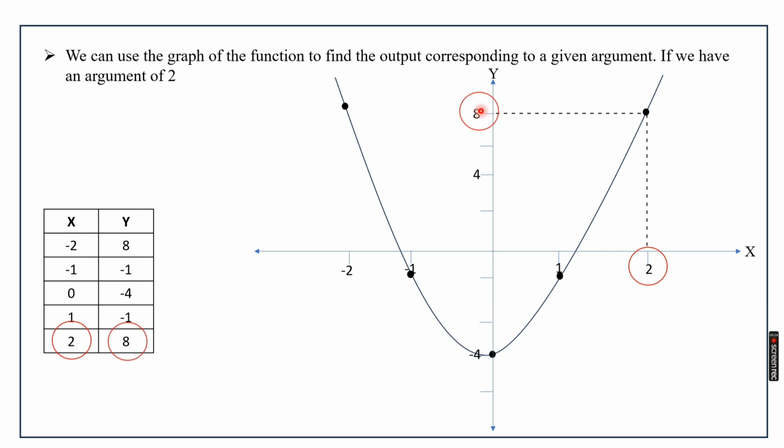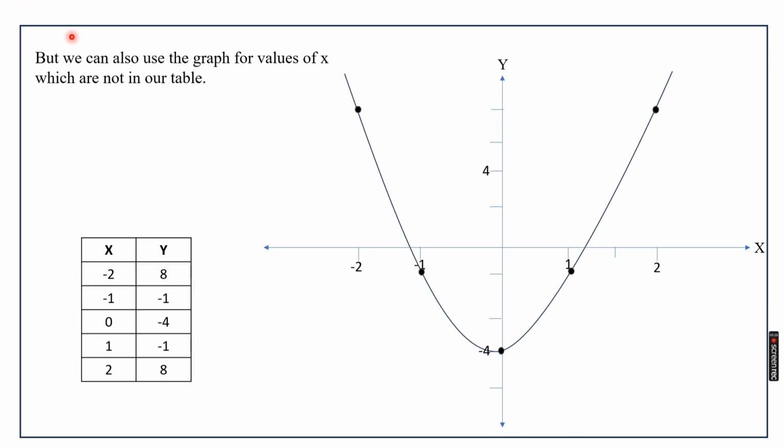So it's 8. But we can also use the graph for values of x which are not in our table. Let's say we have an argument of 1.5, but we don't have 1.5 in our table. It is in the domain, but we didn't list it.